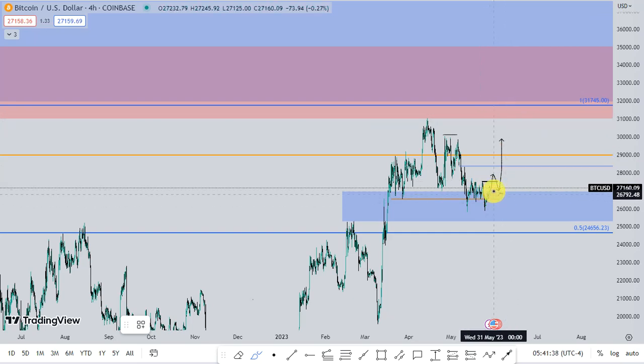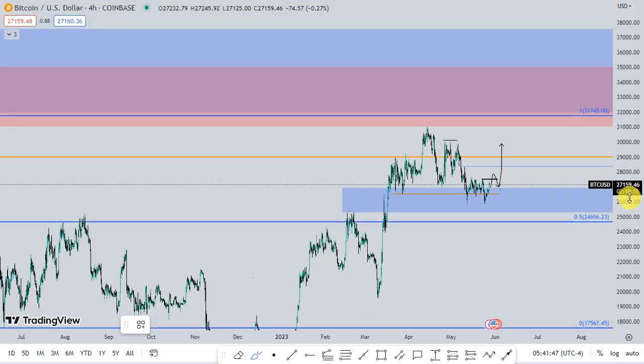and we'll see if it does this market structure shift and displacement. If it could not do this, I expect this trend to continue, and we'll see if it goes below this mid-range, then retests this level, it will continue to go lower.